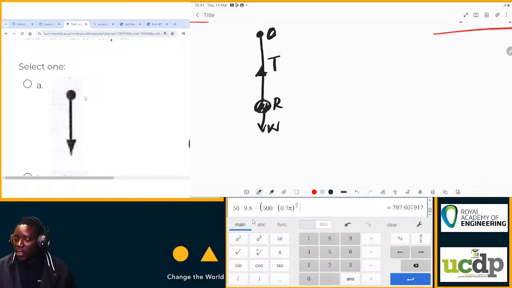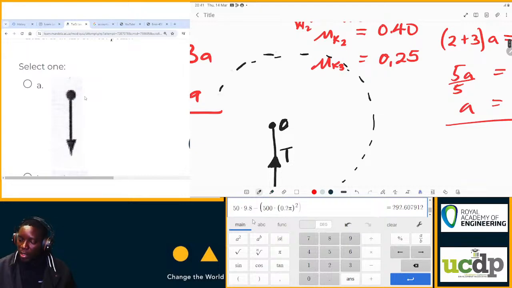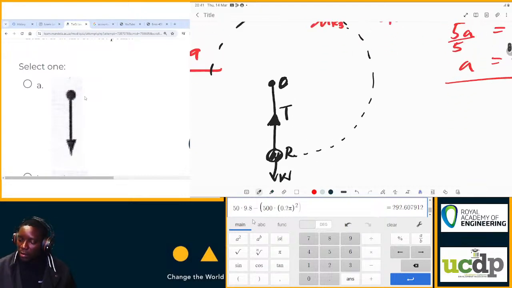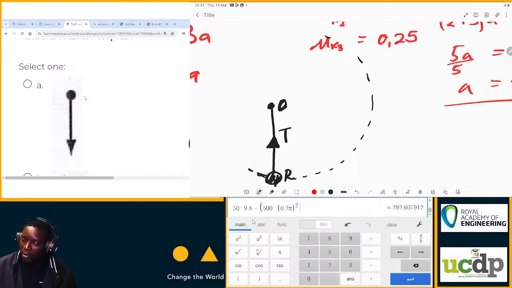Do we have any other force acting on this? Can you think of any other force? Remember, this rock is being swung around to give that kind of motion, something like that, so that's the path that the rock would follow.